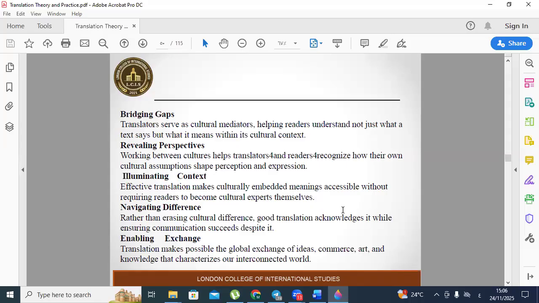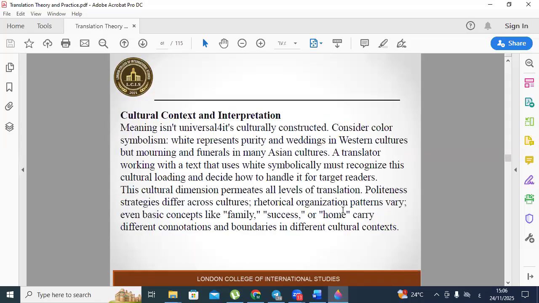Now let's move to cultural context and interpretation. Meaning isn't universal, it's culturally constructed. Consider color symbolism: white represents purity and weddings in Western cultures, but mourning and funerals in many Asian cultures.